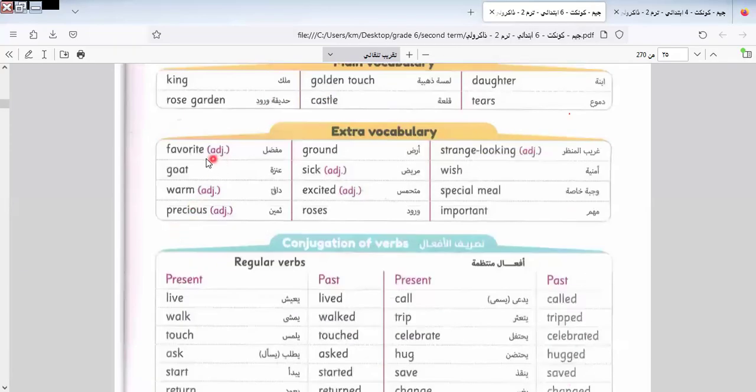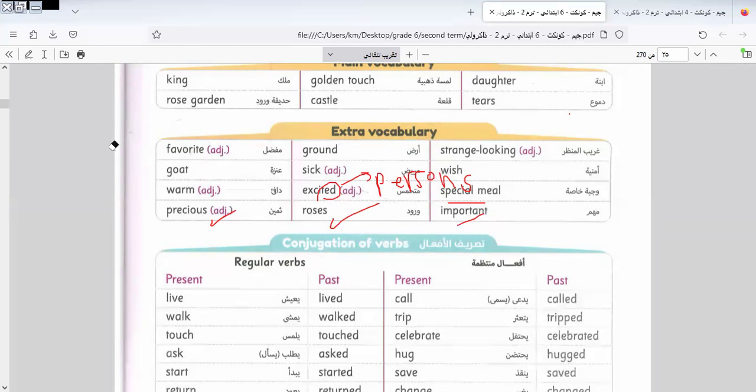Here we have some vocab like favorite, ground, strange, looking, goat, sick, wish, wall, excited. Here we have excited with ed. For what? Here for persons, okay? As we know before, ing for things and ed for persons. Here we have special meal, precious, roses, important.